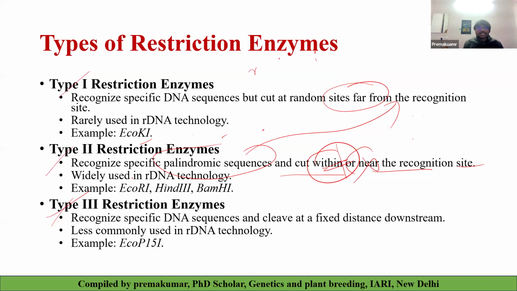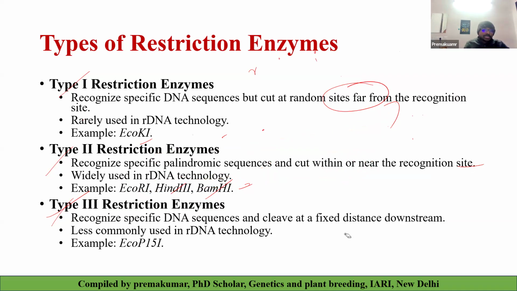Then for type 2 we have several examples like EcoRI, HindIII, BamHI. There are many others. You can check a restriction site library on a website; a lot of restriction enzymes are discovered every day and used in recombinant DNA technology.